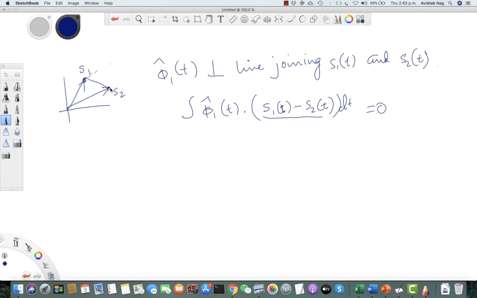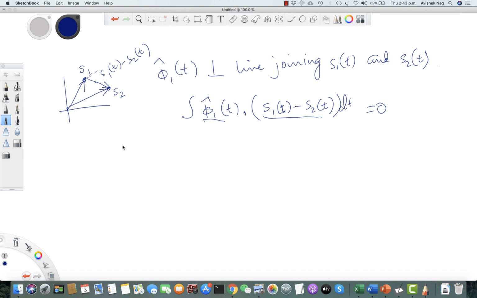So this line, in vector notation, is S1(t) minus S2(t). This vector needs to be shown perpendicular to this vector, and that can be shown by setting the dot product to 0.